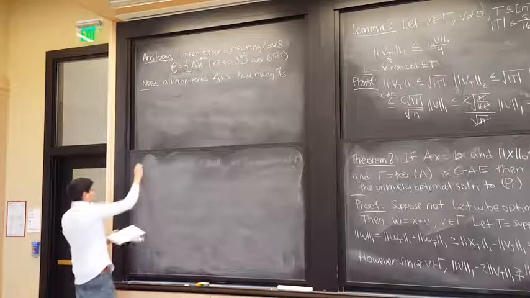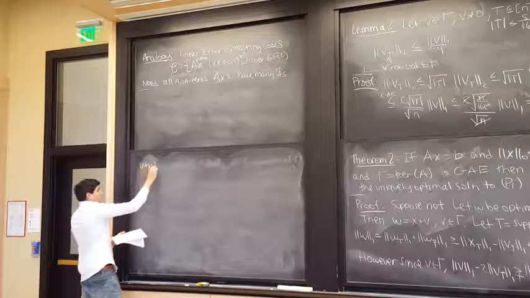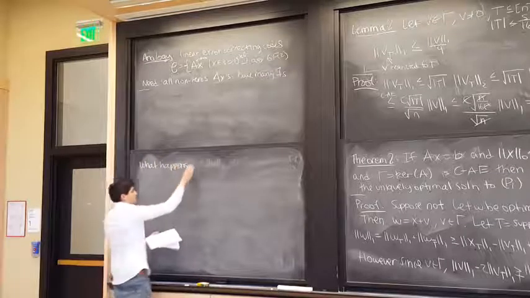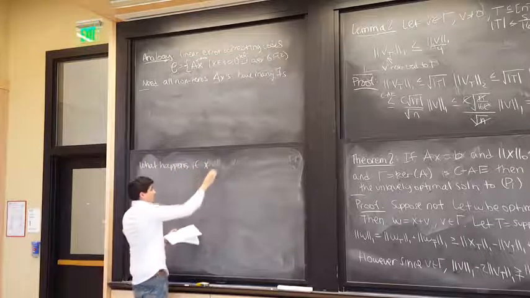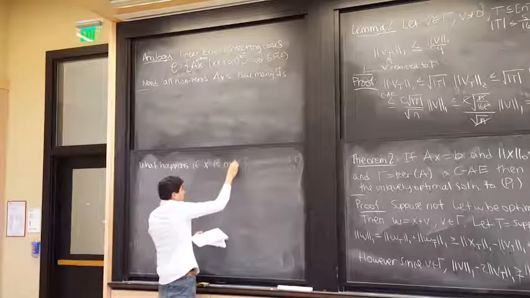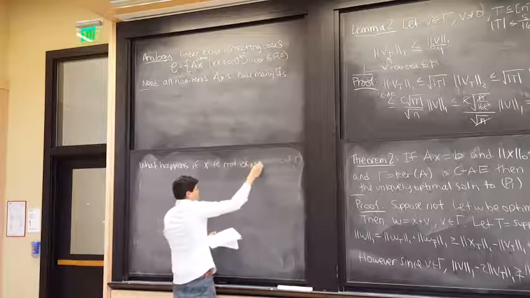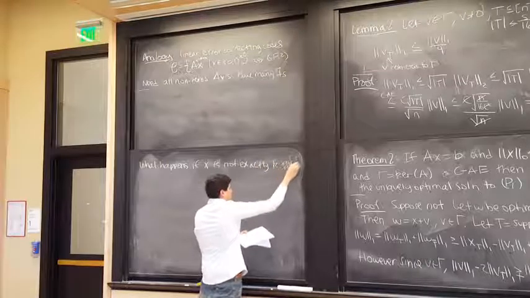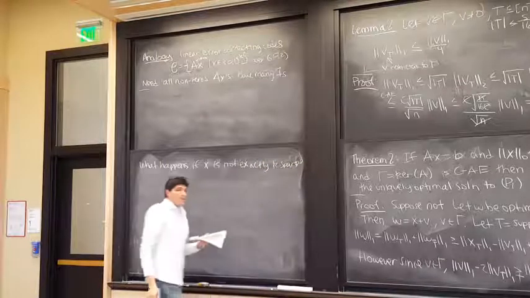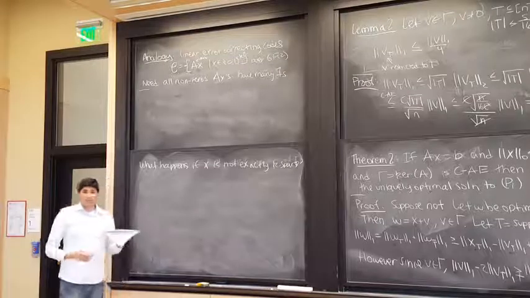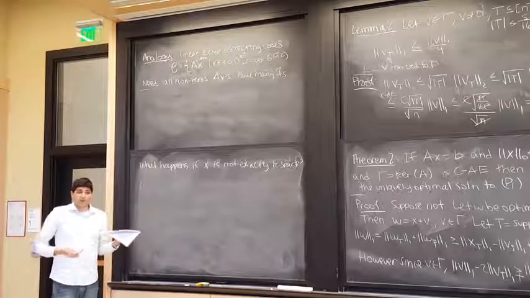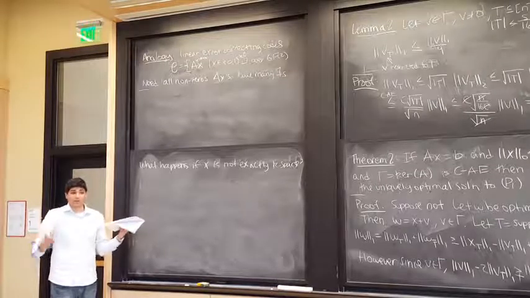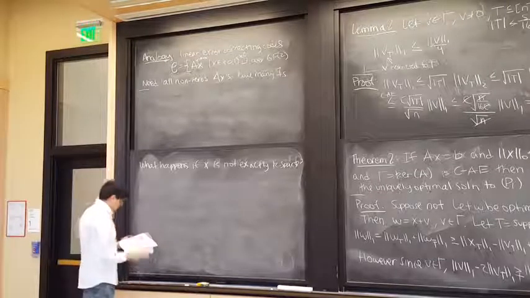What I want to study is what happens if X is not exactly k-sparse. We should think about it as maybe X would still have k large coefficients, but all the other coefficients might themselves be non-zero. They might just have small values.